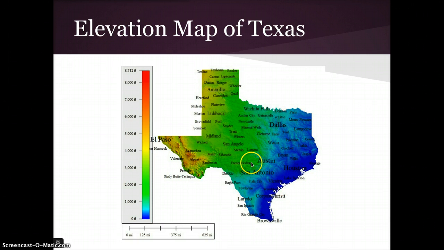And the further we move and the more that color changes, we can see that we're moving up higher above sea level. So most of this area is going to be between 2,000 and 3,000 feet above sea level. But if we get right over in here, we have a small mountain chain that comes out into West Texas, and these are where we're going to see elevations of about 7,000 feet above sea level.